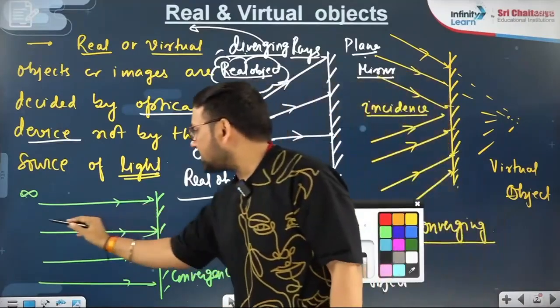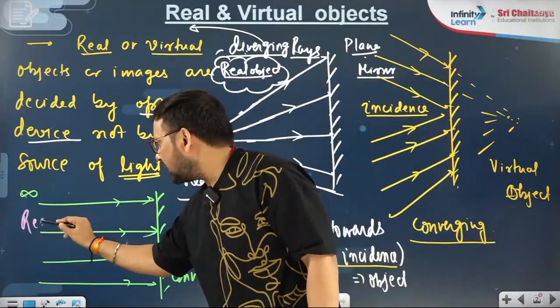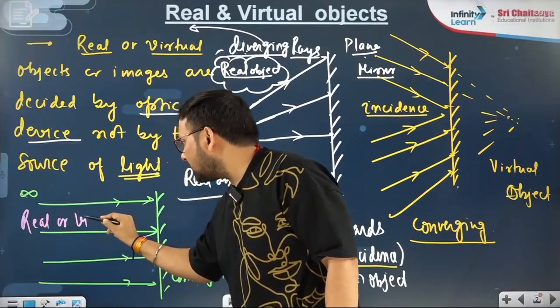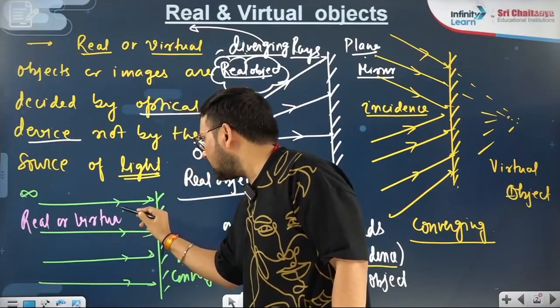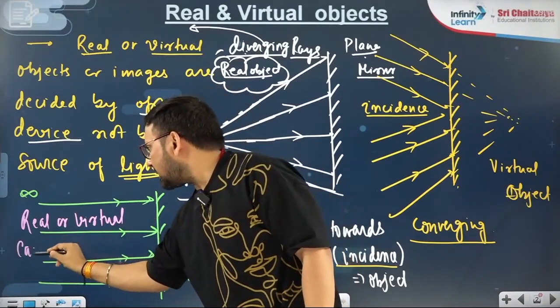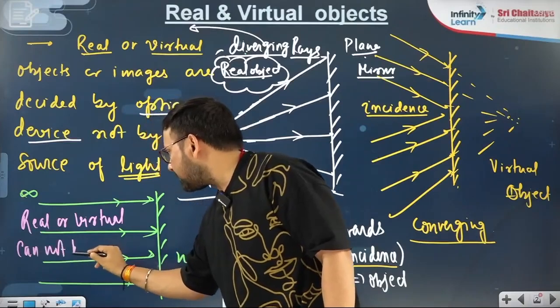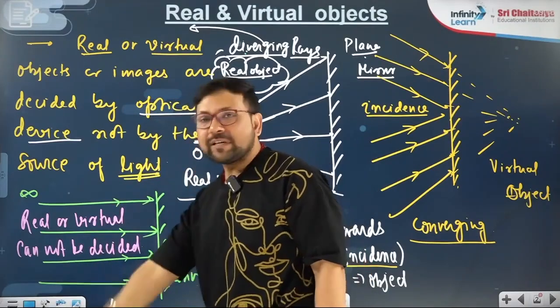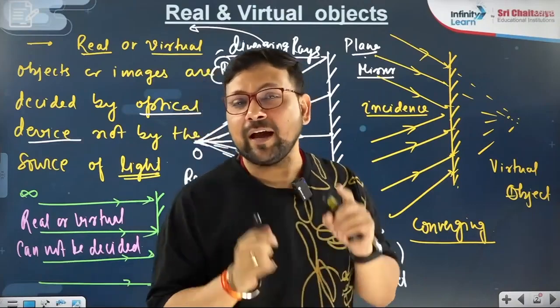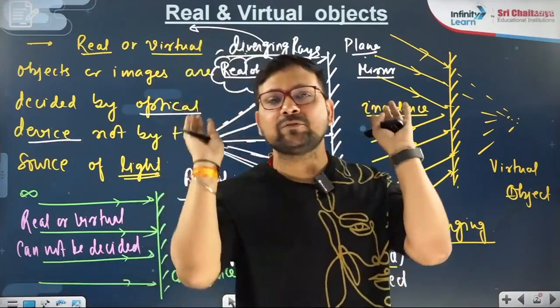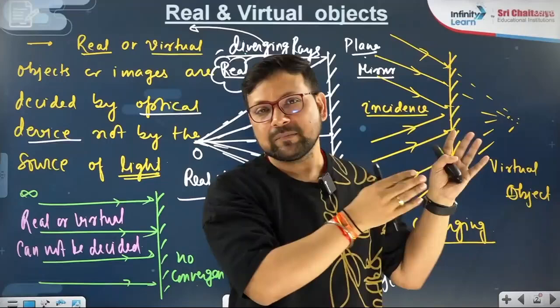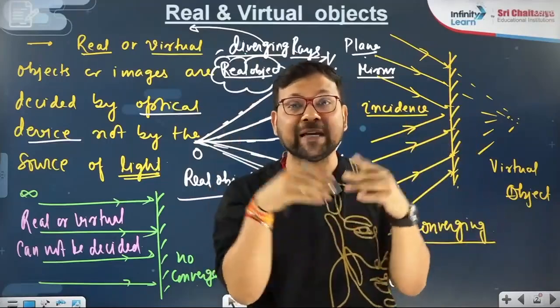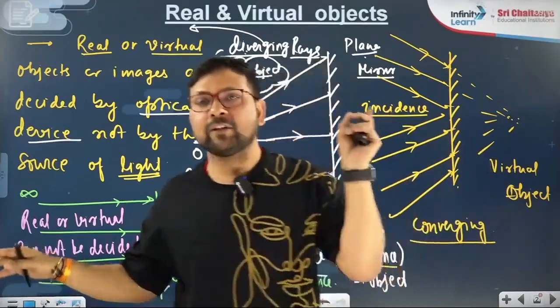So real or virtual cannot be decided. Got this, everyone? For real it has to be diverging, for a virtual object it has to be converging, and neither diverging nor converging means neither real nor virtual.